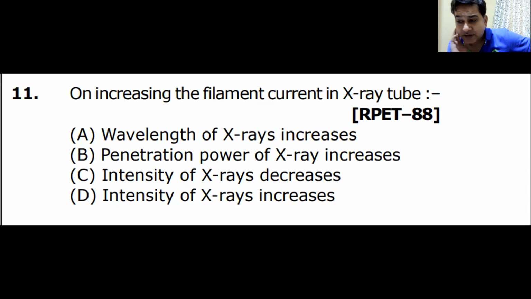Number of electrons increases. What increases? Number of electrons increases. So what is the correct answer? D, the intensity of the X-rays increases. We will have more X-rays coming out. Yes or no?